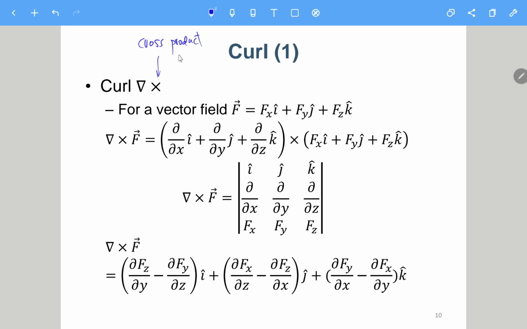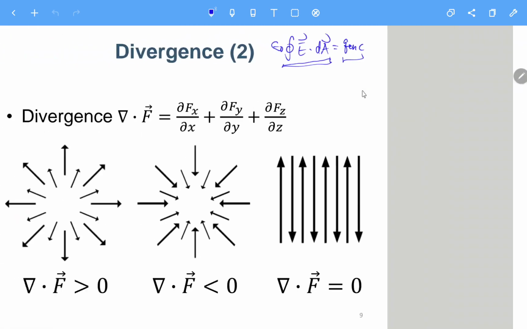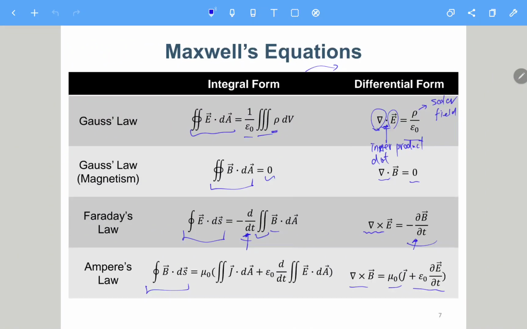As you know, for the cross product, we have two vectors, and the result will also be another vector. So this is like the curl of a vector field, and then this whole thing will also be a vector field.